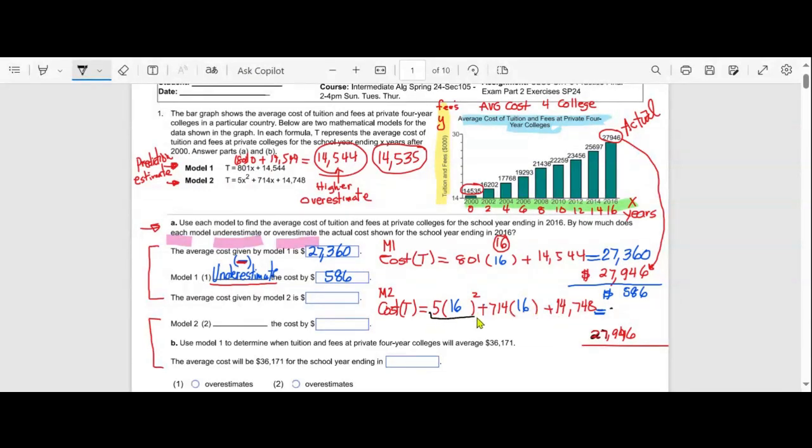How much is this if you multiply 5 times 16 squared? 1280. That's the whole thing, right? Plus, if you multiply this together, what do you get?